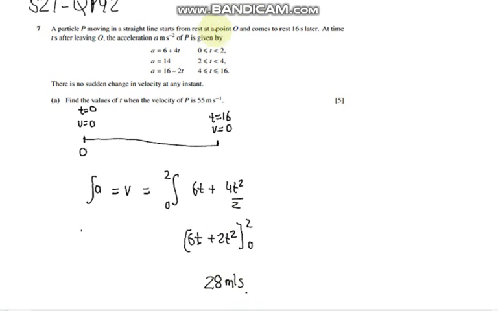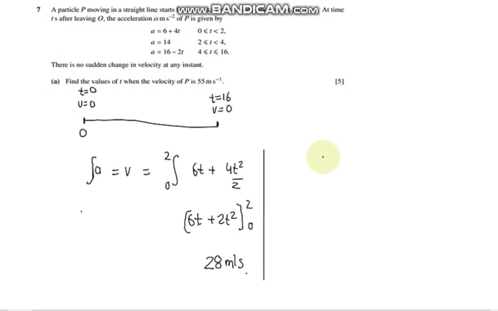Let's check the second interval. Seeing the second interval, acceleration is equal to 14. We have velocity equals 14t. So in the interval 2 to 4, that would make 14 multiplied by 4 minus 14 into 2.